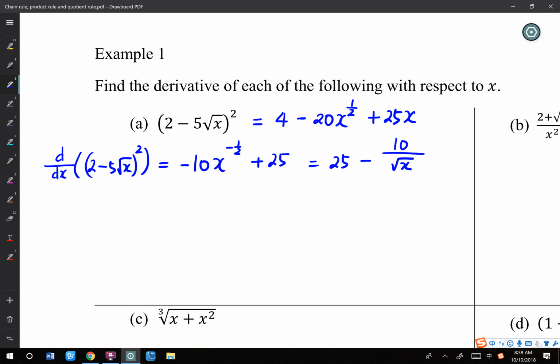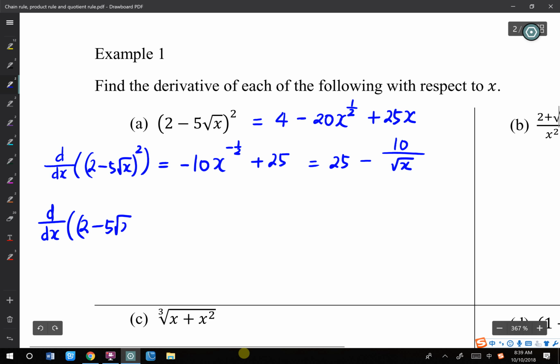Okay, I can expand it, or I can use the chain rule. d/dx of (2 minus 5 root x) to the power of 2 equals, first thing, drag the power down, we times the power. Secondly, we derive the inside, the 2 minus 5 root x. 2 becomes just 0, and minus 5 times square root x, which is x to the power of a half. So it's a half times x to the power of negative a half.